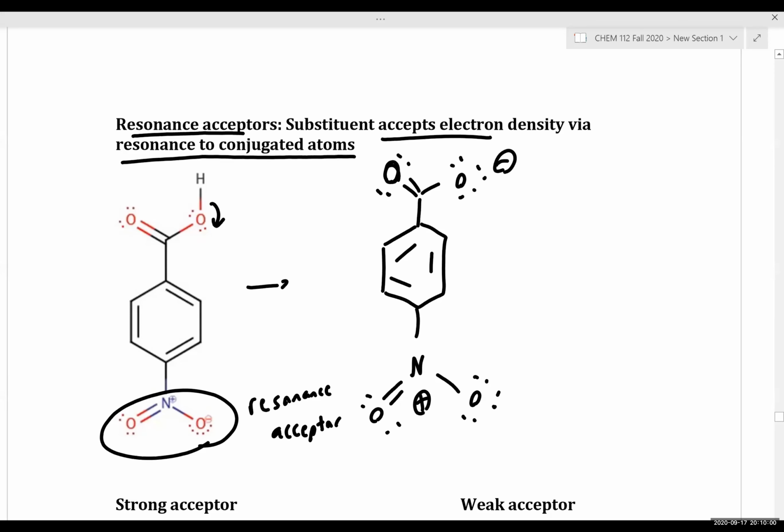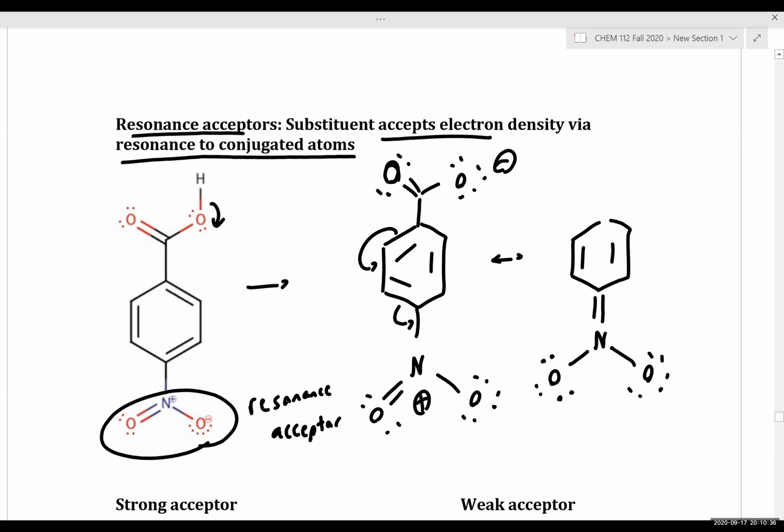Now note, this isn't a direct effect. It isn't direct delocalization of this anion. However, if we draw a resonance structure for this molecule, we can begin to notice something a little bit interesting. So if we delocalize some of our electron density into our nitro group, we can draw the following resonance structure.